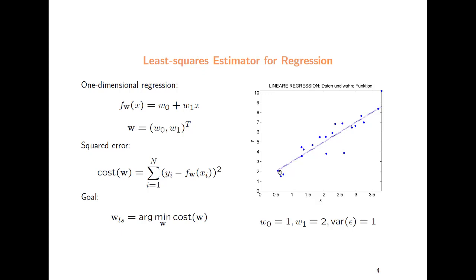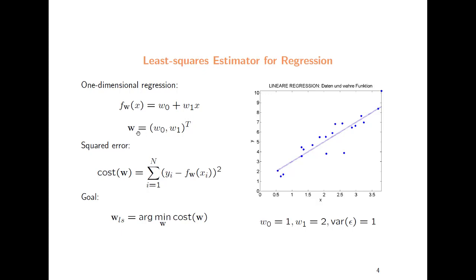And in this case, the function increases linearly when we increase x, and the place where this line would hit x equals 0, so the y level here, would be the w0. So in one dimension, it's just w0 plus w1 times x.